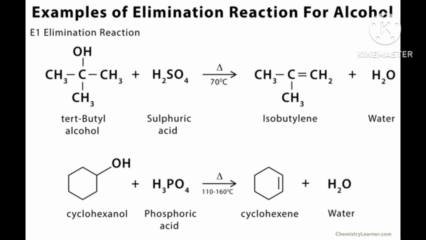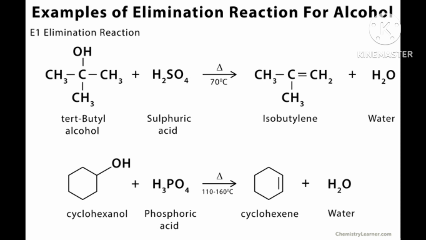Now when haloalkanes with beta hydrogen atom are heated with alcoholic solution of potassium hydroxide, there is elimination of hydrogen atom from beta carbon and a halogen atom from the alpha carbon. As a result, an alkene is formed as a product.